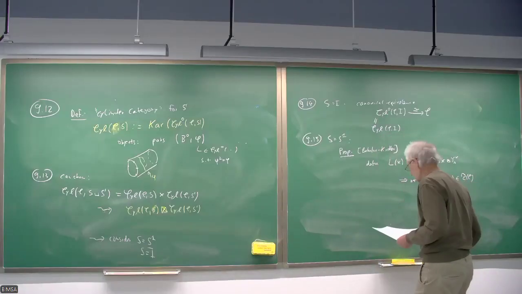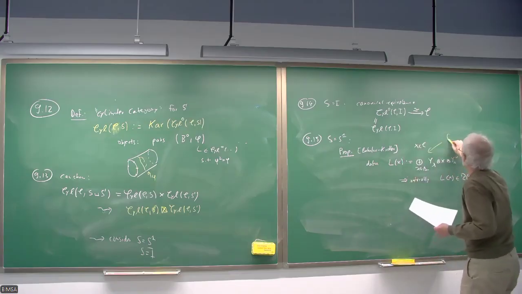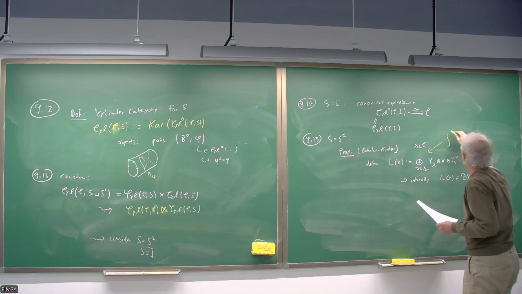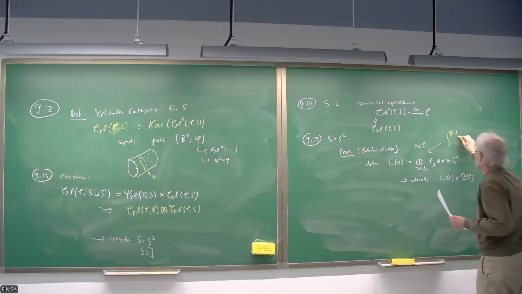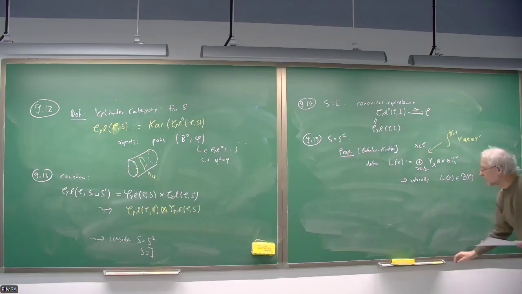In fact, you can think of this as a coend over X, Y in C, and the half braiding is easily expressed in terms of the natural transformation of the coend.